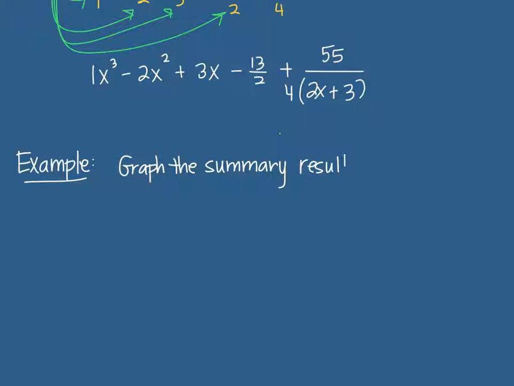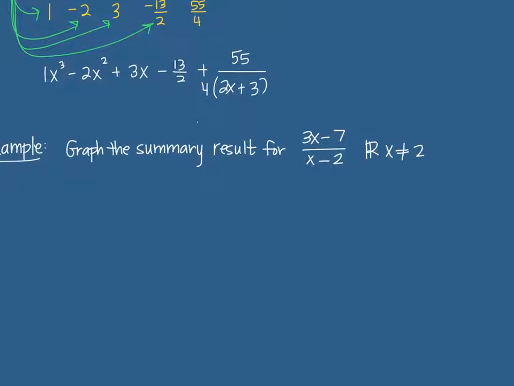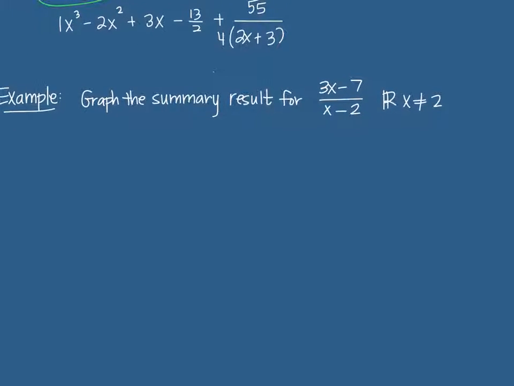All right, so graph the summary result for the following question. And it's going to be 3x minus 7 over x minus 2. So first of all, you've got to claim the domain right away so that x is not equal to 2. And this is going to be a short and quick synthetic division because it's so small. So we can do our synthetic division pretty fast.